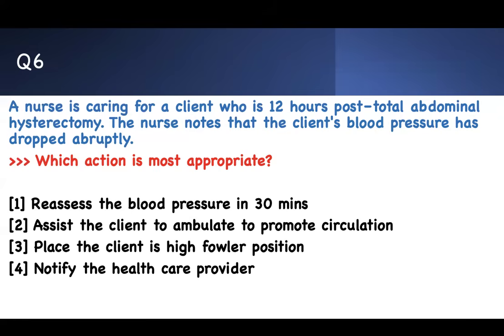Therefore, when you see these questions, you say, okay, I need to do something, but the things I need to do given to me are bad. Therefore, I should call the doctor. Number 4 is your best choice. Right here, this is the way you should think sometimes. You don't like calling the doctor, but this one, you have to call the doctor because of the answer choices given.